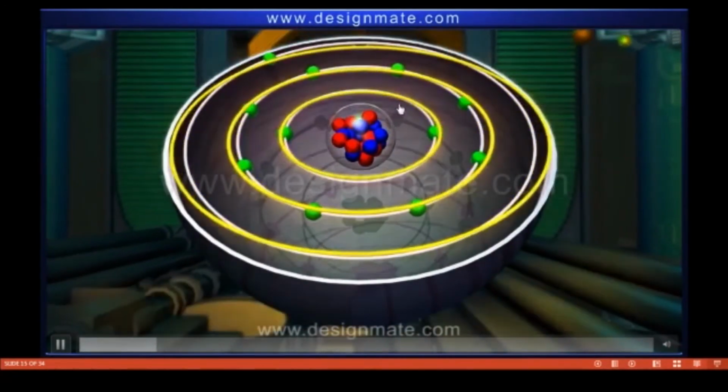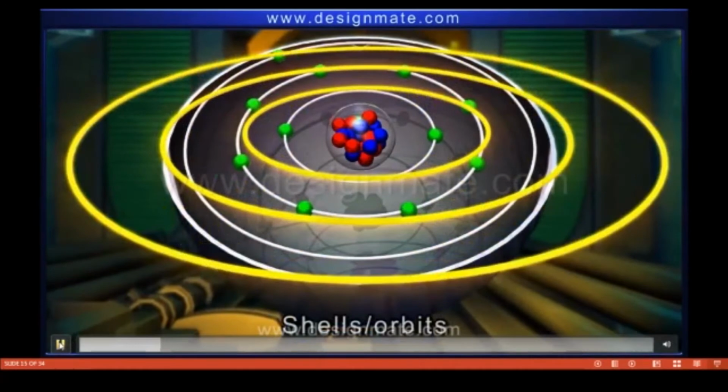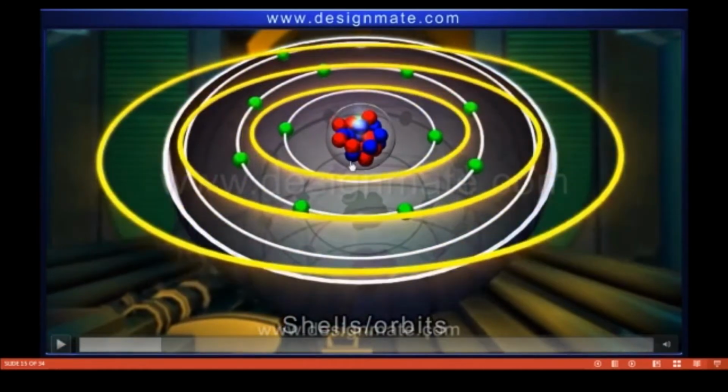Now the number of electrons. Electrons are also the same: the K shell has 2, the next shell has 8, 2 plus 8 is 10, 10 plus 1 is 11. So the number of electrons, protons, and the atomic number are the same; only the neutron differs. It has only 3 shells.